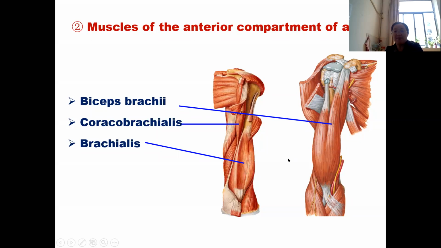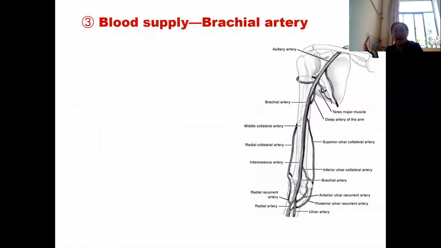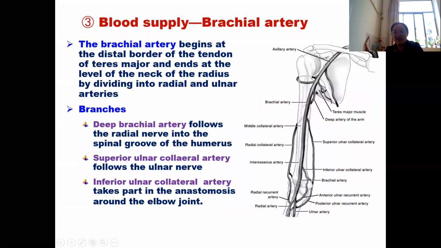Okay, BBC muscles. These 3 muscles are supplied by the brachial artery. The brachial artery has branches: the deep brachial artery, the superior ulnar collateral artery, and the radial collateral artery, okay.